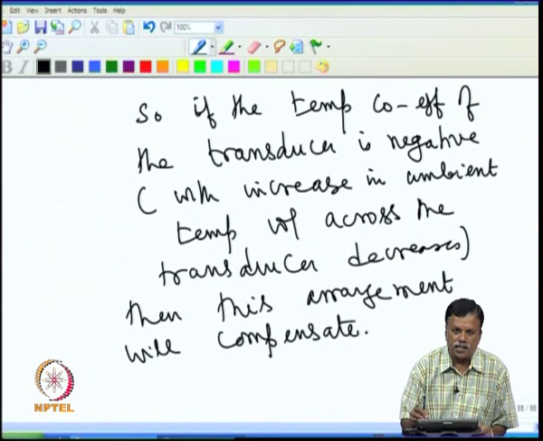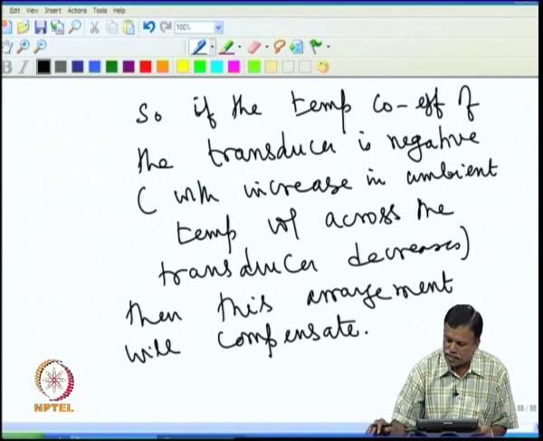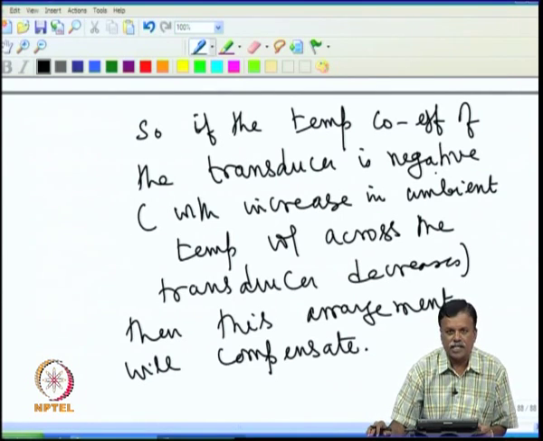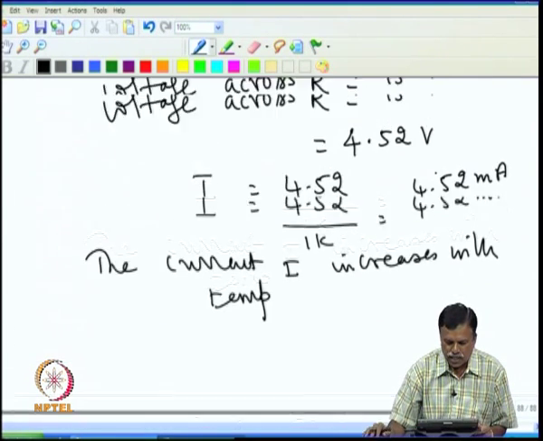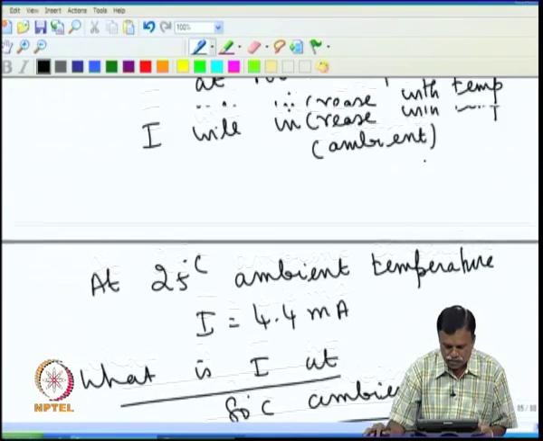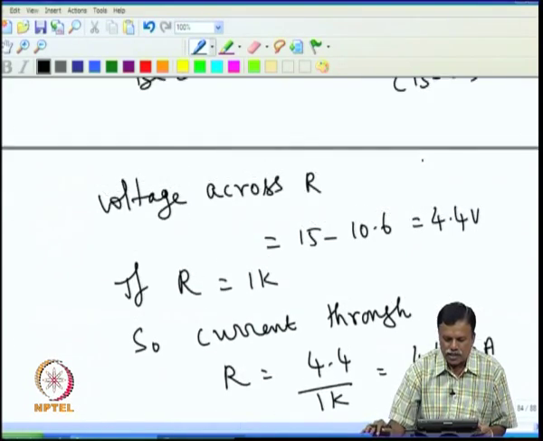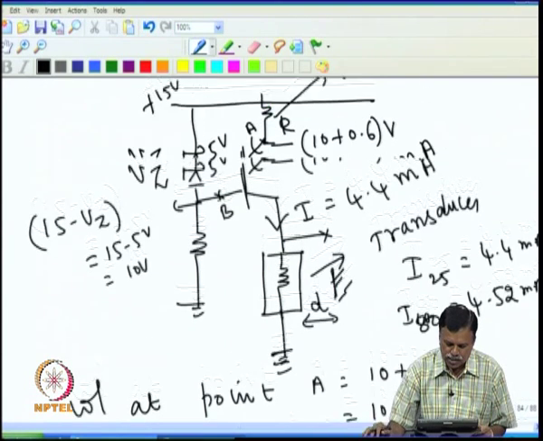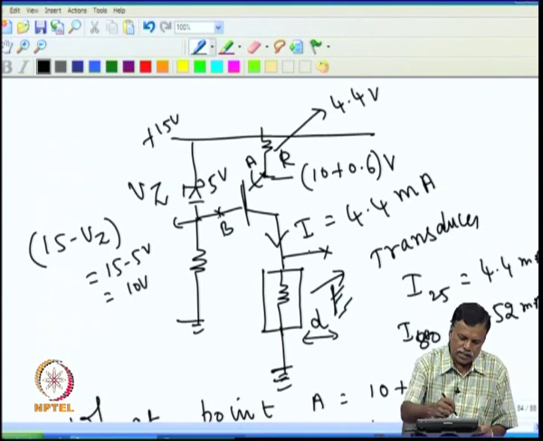So, the decrease will be compensated by the increase in current. One can select the values correctly such that the decrease across the transducer is exactly compensated by the increasing current.